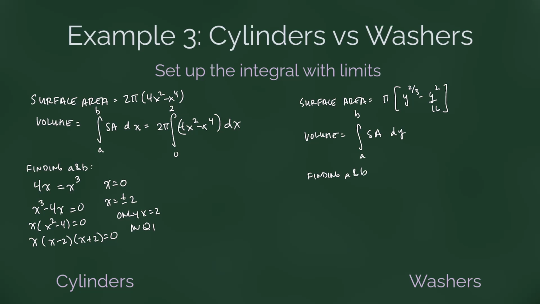To find a and b, we're going to set our two functions equal to one another. Our functions were 1/4 y and the cube root of y. So we'll cube both sides of that to get 1/64 of y cubed is equal to y.